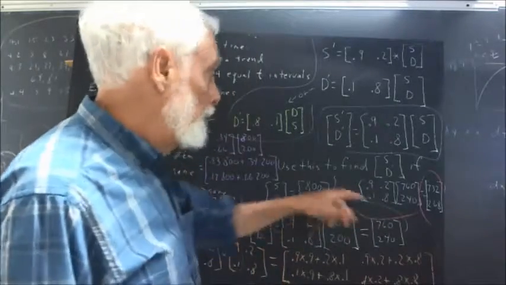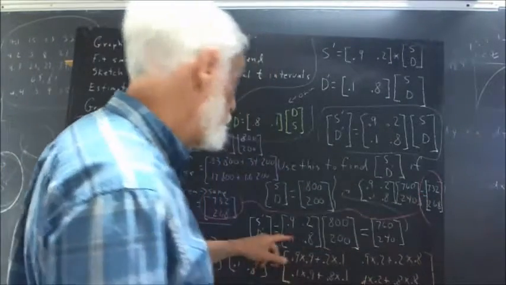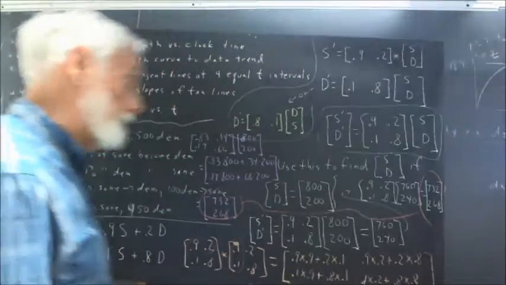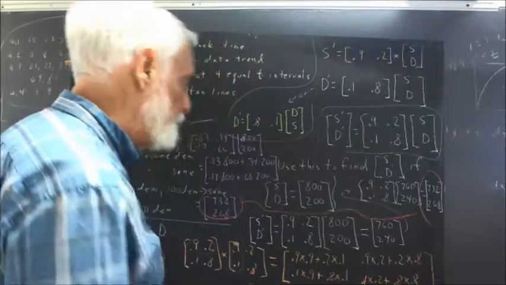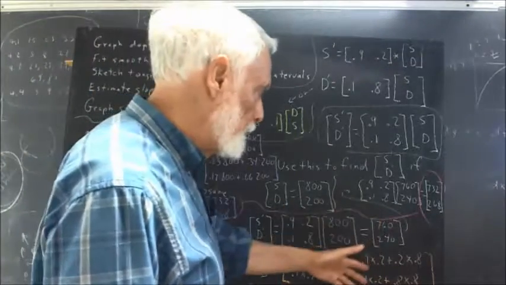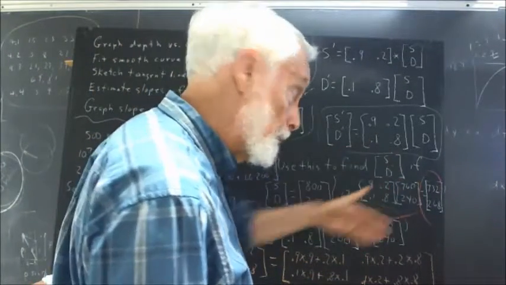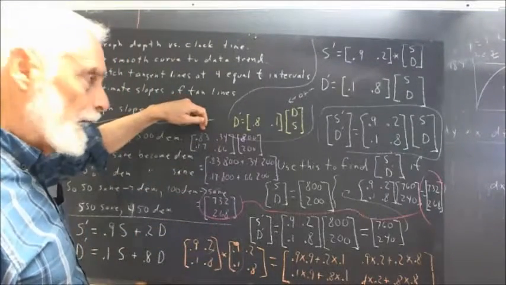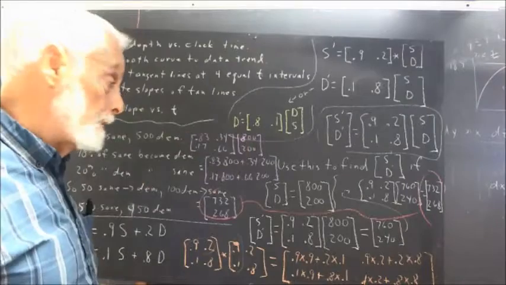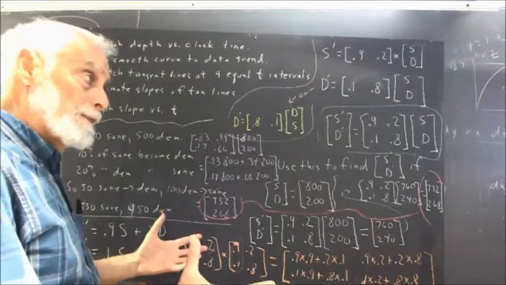Again, to get here, I had to multiply twice by the original matrix. So whether I multiply the population by the original matrix and then multiply that result by the original matrix, or multiply the original matrix by itself and then multiply that matrix by the original population vector, I get the same thing.